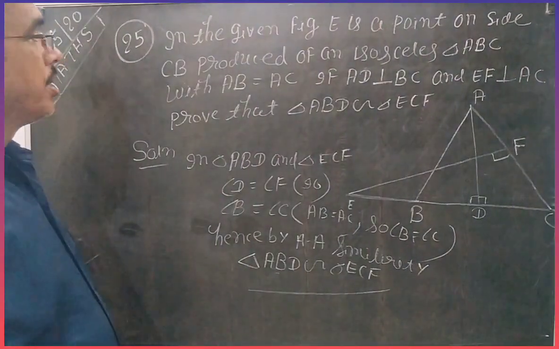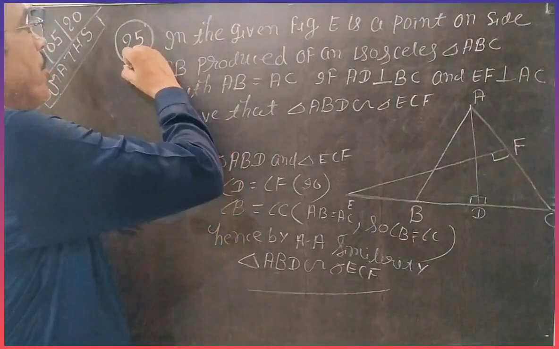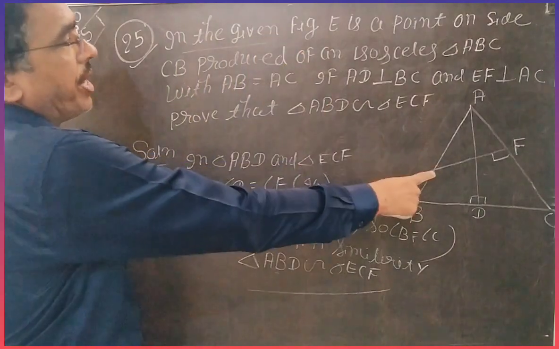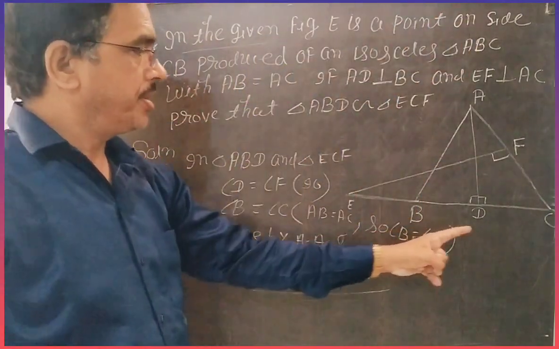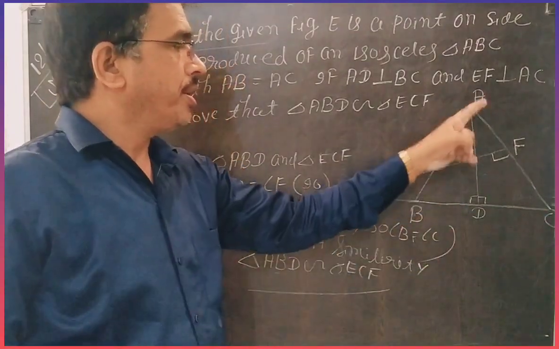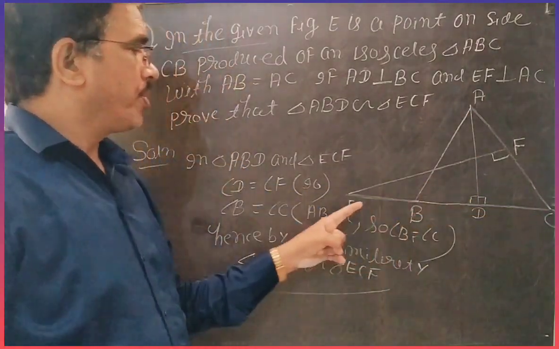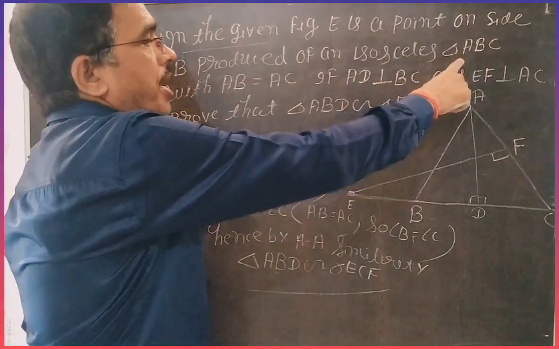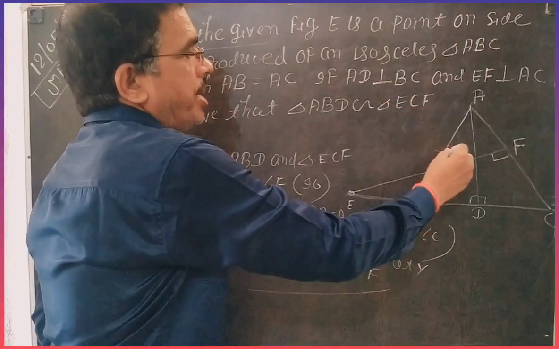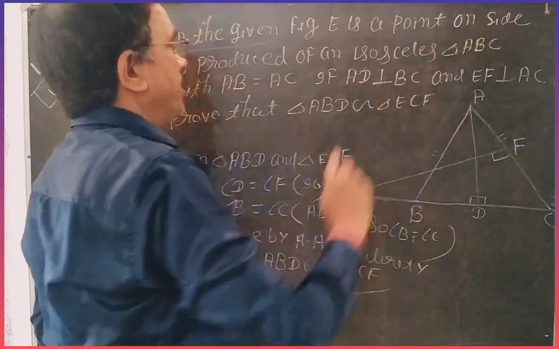Now see the last question of today's session, 25. In the given figure, E is a point on side CB produced, of an isosceles triangle ABC such that AB is equal to AC.